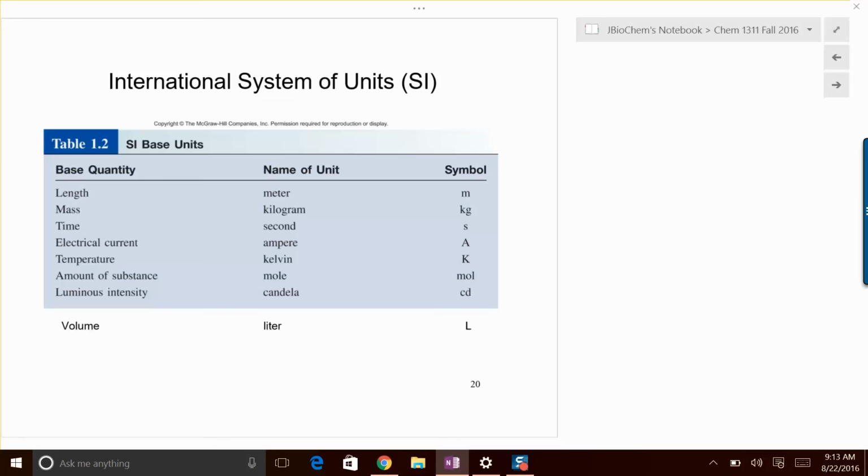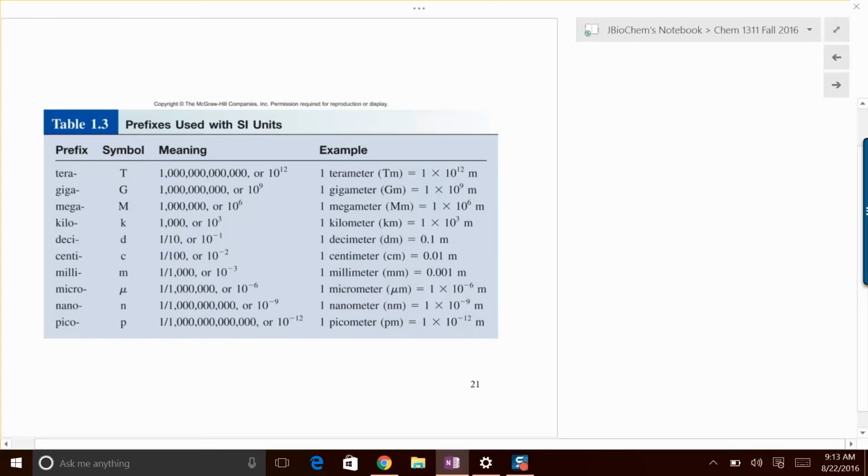Well, here would be, I guess, the gram. But the amount that we measure things in science would be a lot of times in the kilogram. But the base unit would be the gram, right? The second, I can make it milliseconds, kiloseconds, okay? I can easily change it to those. That's why this system works so well.